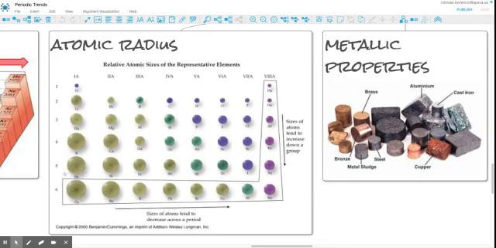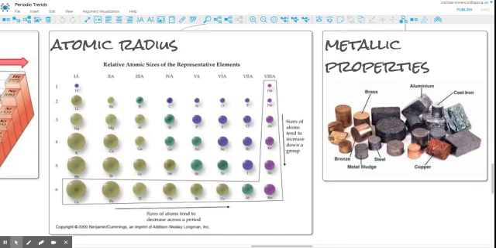And again, it goes back to how well those outer electrons, those valence electrons, are being held and how attracted they are to the nucleus. Their increased distance means that they're further away, and even though the nucleus is getting bigger because there's more protons, the fact that those new electrons are further away wins out.